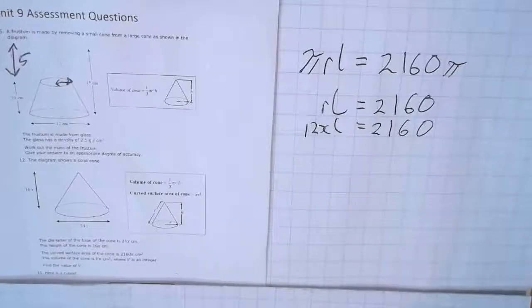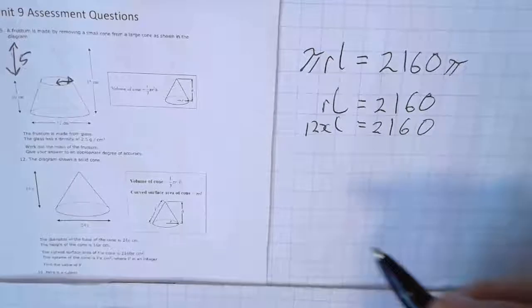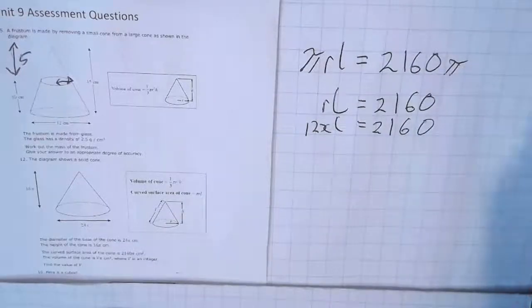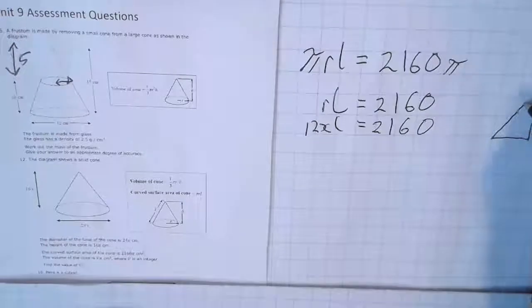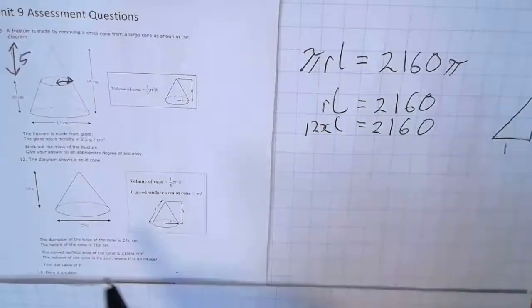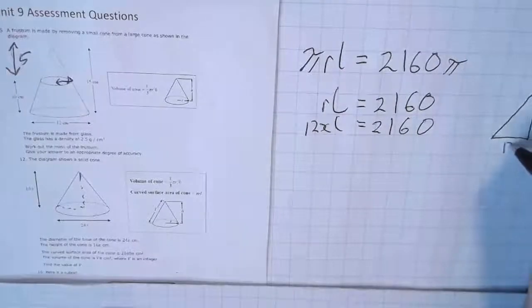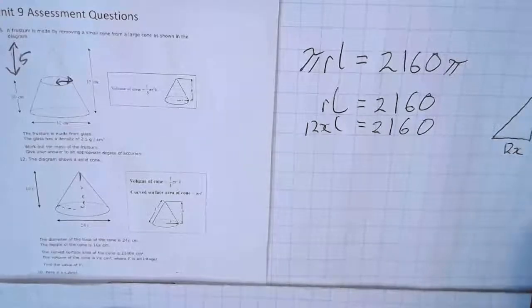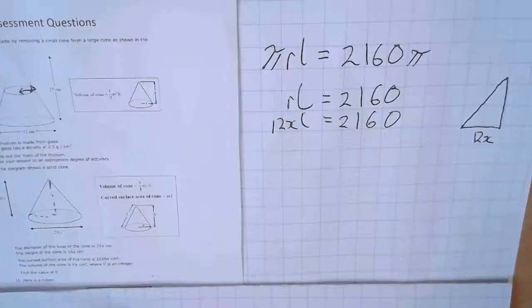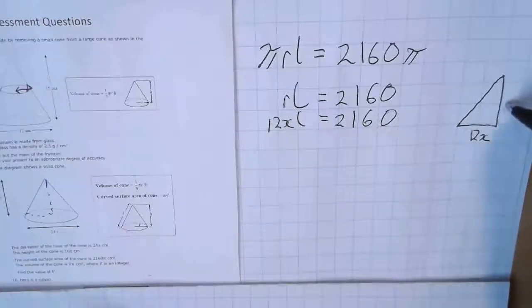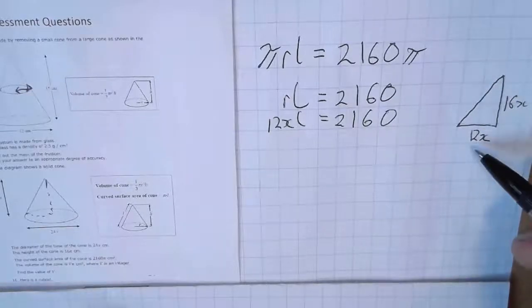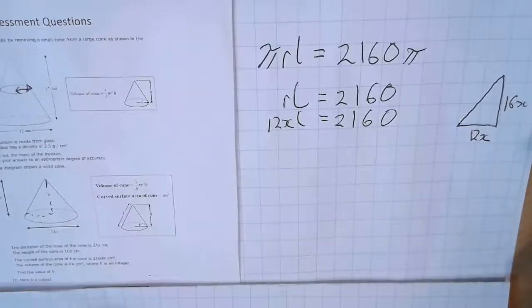What I haven't got is L at the moment, so that's what I'm going to need to find. If I think about this as a right-angled triangle, on this side here I've got my radius 12x, and on this side here I've got 16x, that's the height. Then I'll be able to work out this. 12x squared is 144x squared, 16x squared is 256x squared.